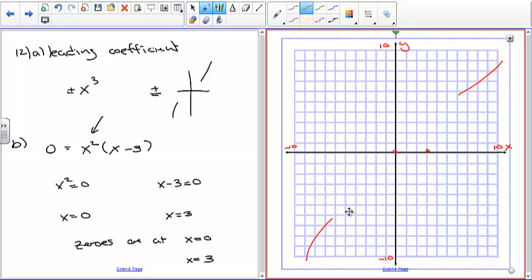So we know the function has to come from this way, and it's going to come up, and because there's two zeros here at x equals 0, instead of going through, it's just going to touch the x-axis. It's going to come back down again, and then it's going to cross at x equals 3, like that, and then it's going to go up in that direction.